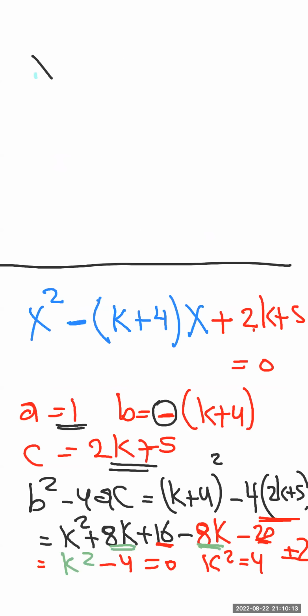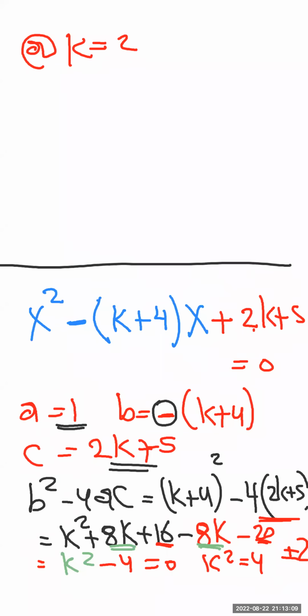Now, we said that k equals positive or negative 2. Okay, just 1 second, guys. Okay, let's continue. So we said that we will substitute in the equation the value of k equals 2 and get the results, and then also again k equals negative 2.